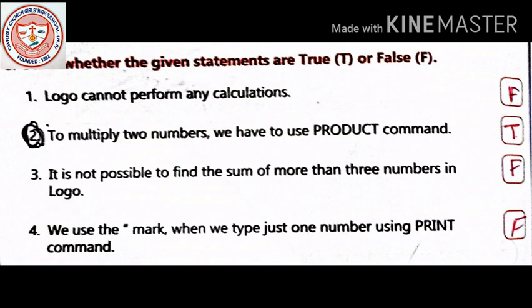To multiply two numbers, we have to use the product command. That is true. It is not possible to find the sum of more than 3 numbers in Logo. It is possible, so that is false. When we type just one number using the print command, that is F.